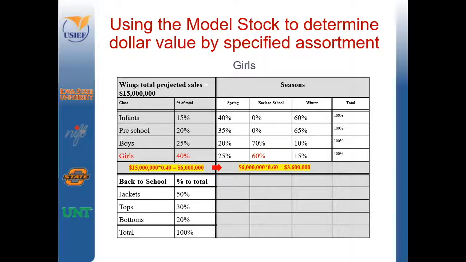To find out which portion of that girls was back to school, we would take that $6 million times the portion of girls that went to back to school, which is 60%. So we would take the 60%, convert it to a decimal, which is 0.60, and multiply it by 6 million to get $3,600,000.